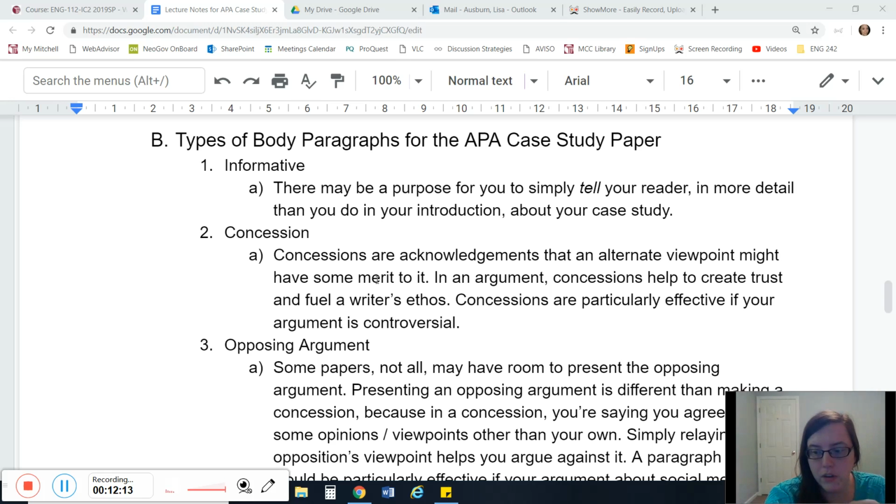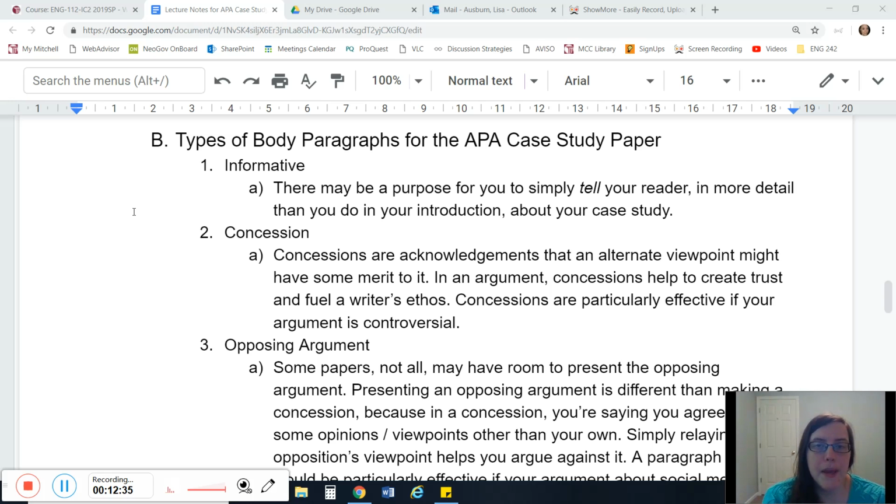Certainly if your goal is to get higher than a B-, you want to make sure that you're not just providing informative paragraphs, but there is room in your paper for an informative paragraph. A paragraph like this would tell your reader what your case study is about in more detail than you do in your introduction.